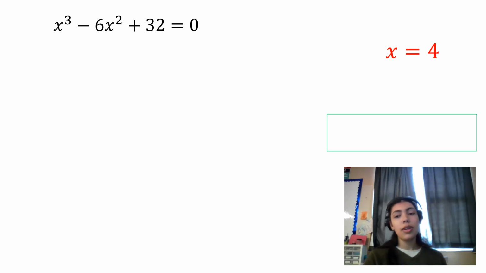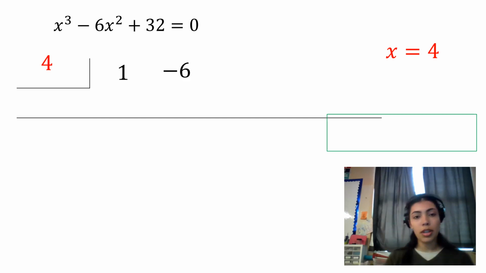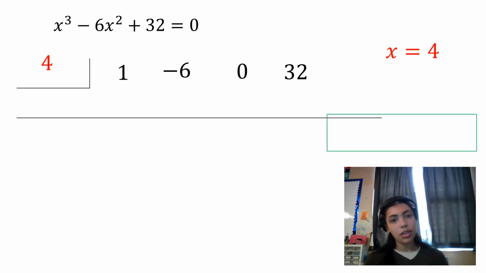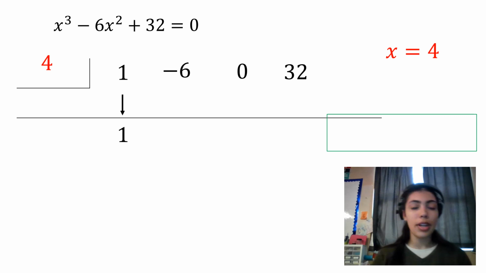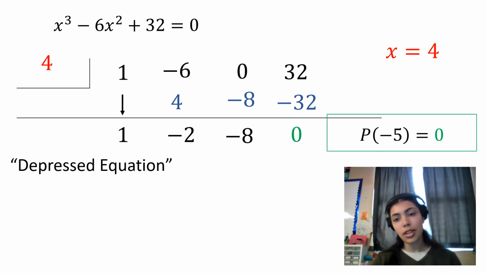Okay, yeah. So we have x equals 4, so we use 4 to synthetically divide. So you have 1, negative 6, 0, and 32, because the x is gone. And then you go down 1, and then you add 4, and then you subtract 8, and then you subtract 32, and you got 0.